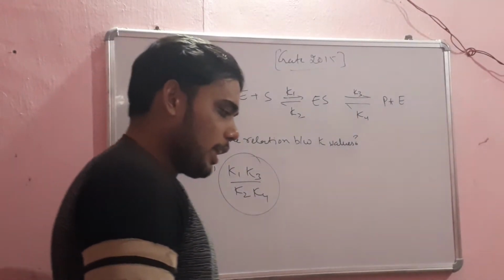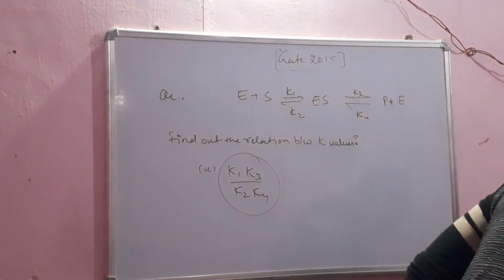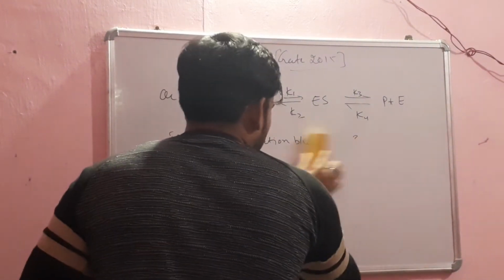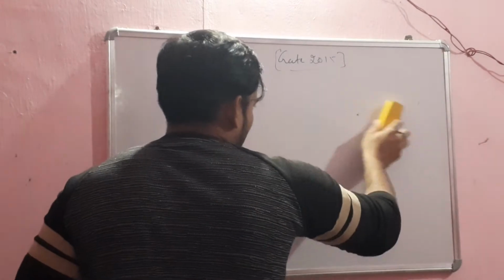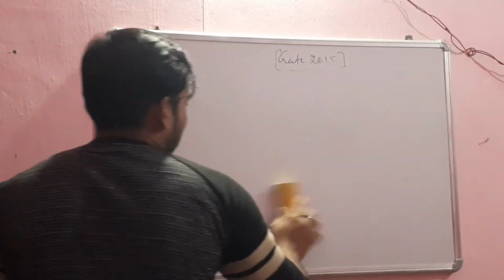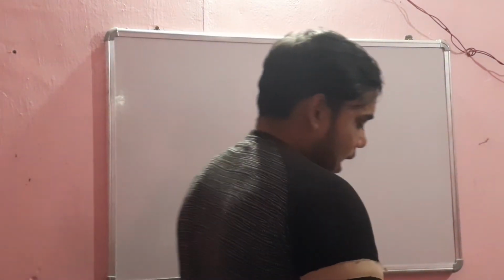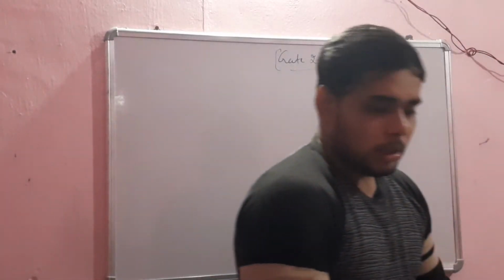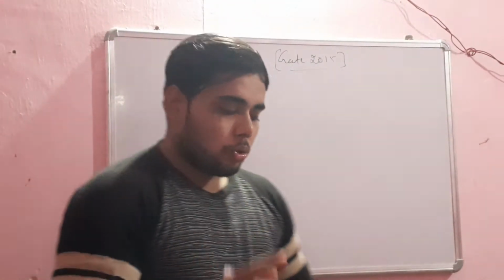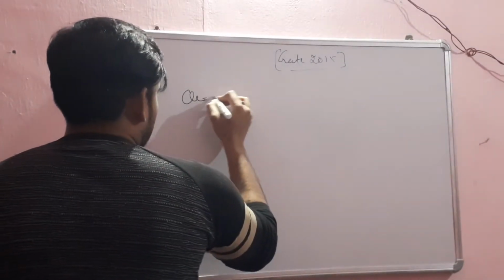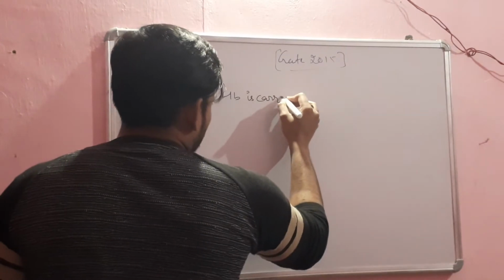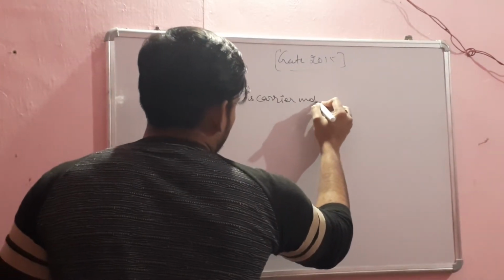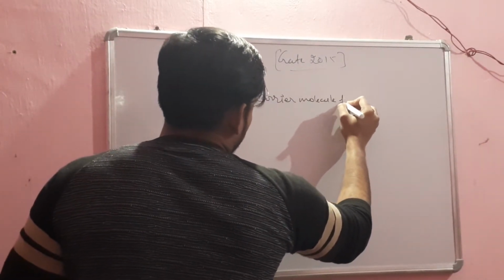Okay, the next question is from bioinorganic. As you know, every year GATE asks a question from bioinorganic, so you cannot skip the bioinorganic topic. The question is very simple: at what pH is O2 binding with hemoglobin? You know that hemoglobin, Hb, is a carrier molecule for oxygen.